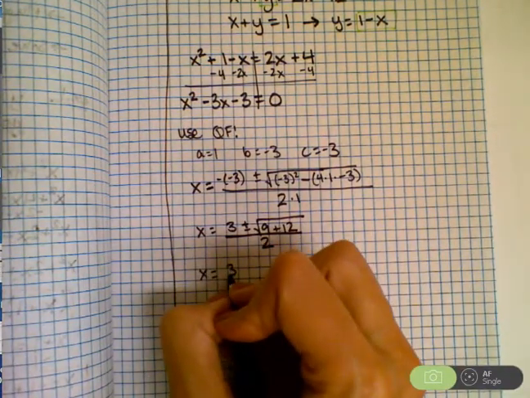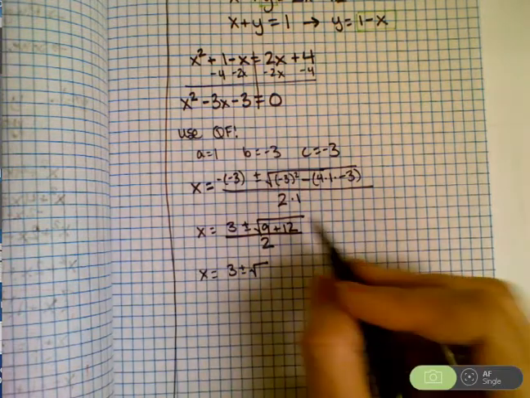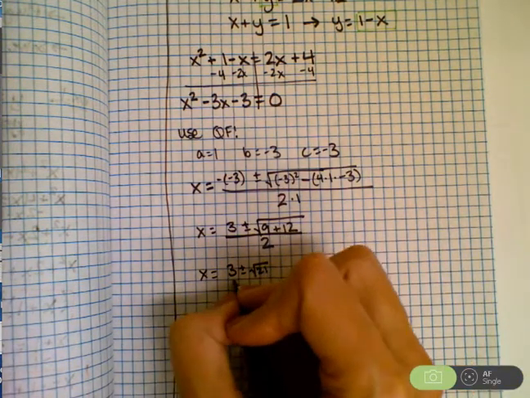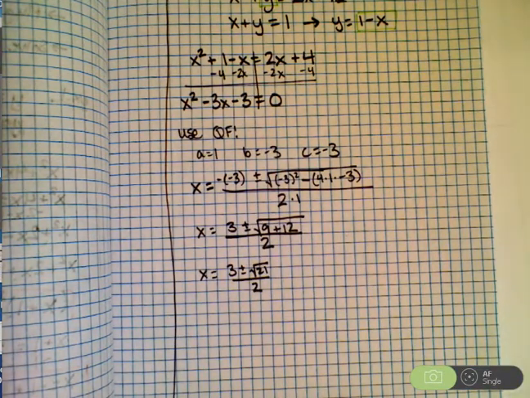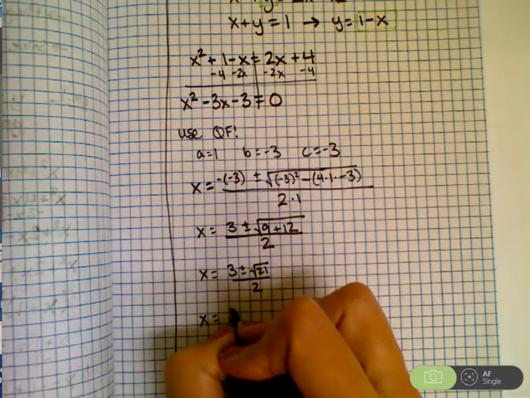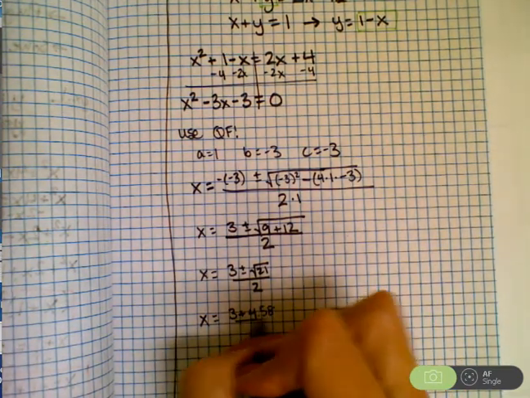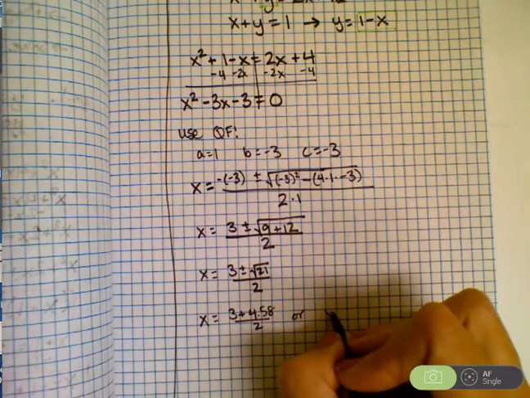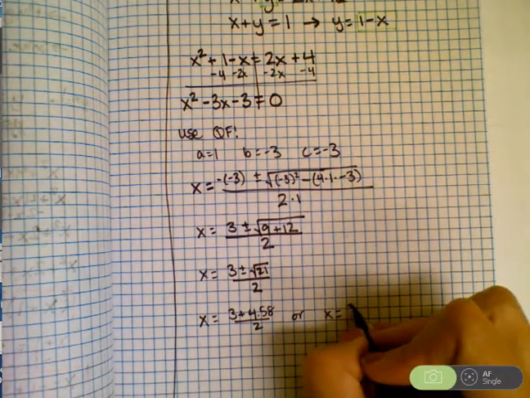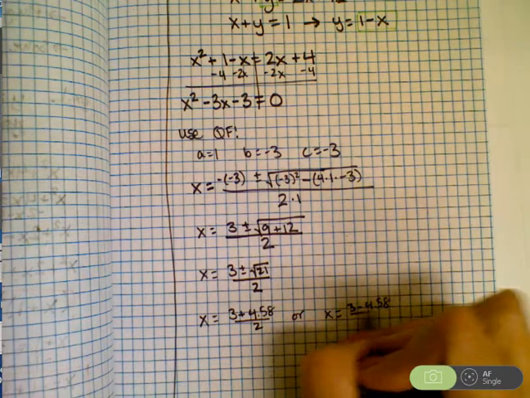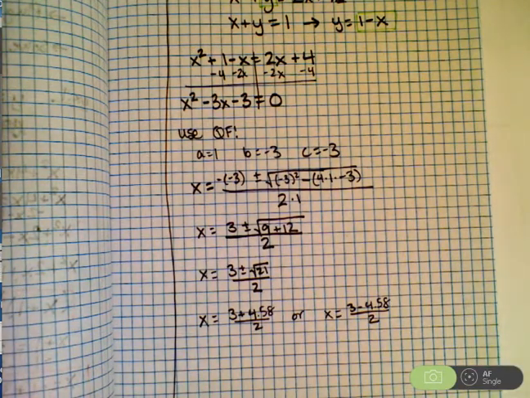So x equals 3 plus or minus the square root of 21 over 2. Again, I get a decimal. I wanted this one to be a whole number, but life's not always that friendly. So x equals 3 plus 4.58 over 2, or x equals 3 minus 4.58 over 2.